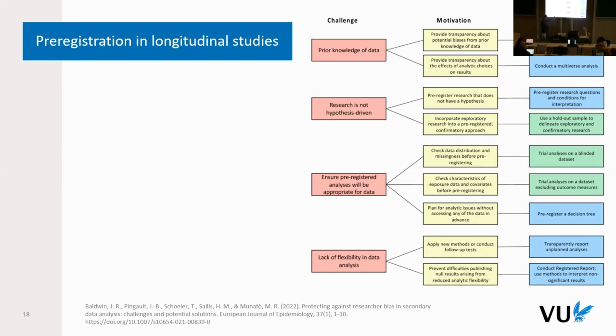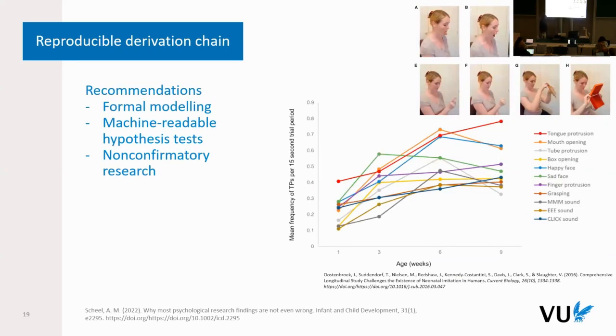She's been very productive. Protecting against researcher bias in secondary data analysis, if you're looking to do those types of things. And another, in terms of best practices, so already people in the birth trauma field are engaging in this best practice, so we can learn from each other on how to tackle those things.